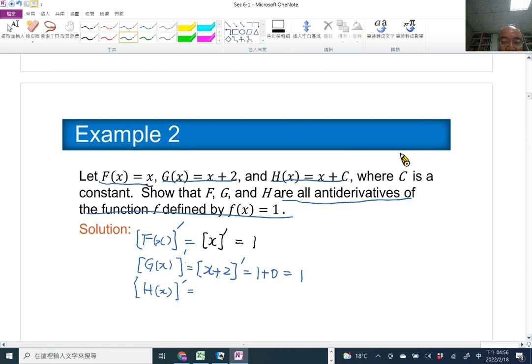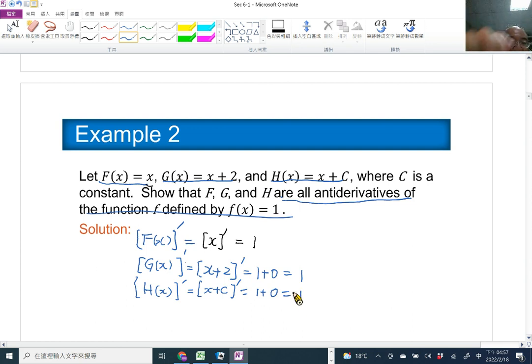That means a number. It's not a variable, simply a constant that we do not specify. However, it is a constant. It could be -3, could be 5, could be 2.1, or any given number. So the derivative for capital H of x will equal 1 plus 0, which is equal to 1.